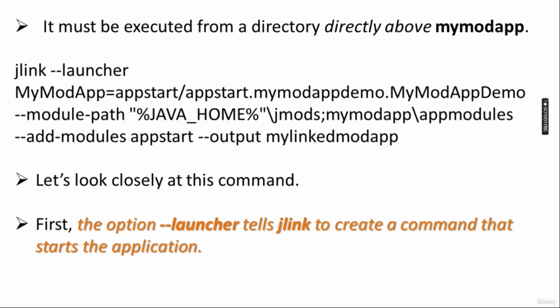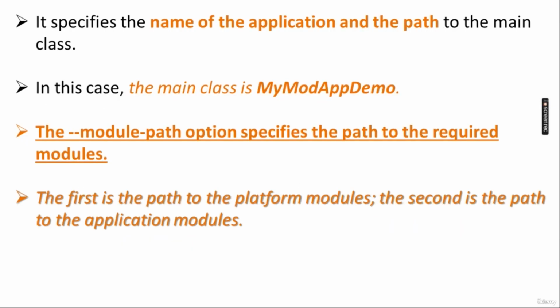Now we will explore this command. The launcher option tells JLink to create a command that starts the application. It specifies the name of the application and the path to the main class.